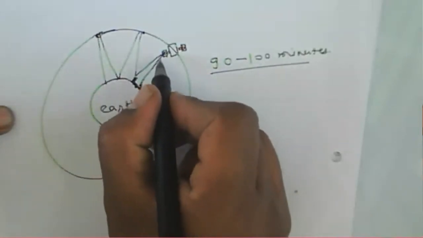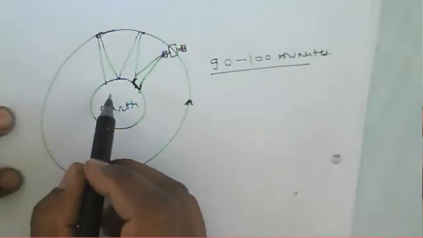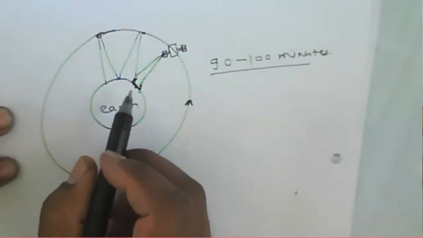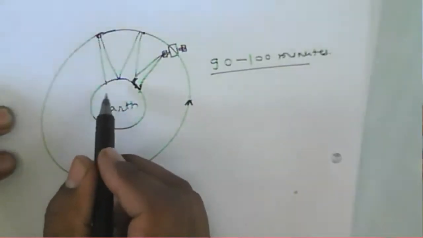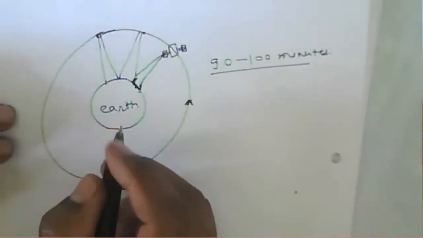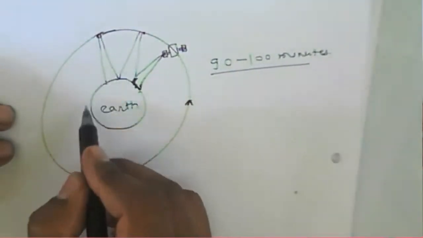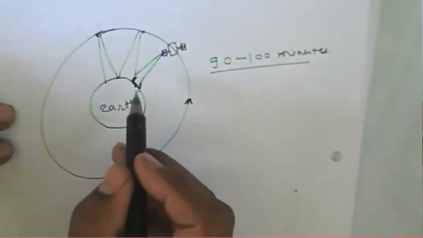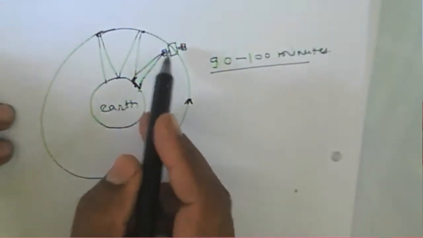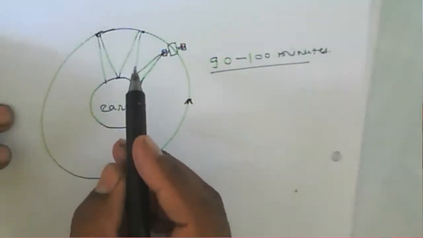Means a satellite scans the complete earth. That is about a scanning of this complete earth by the satellite while it is rotating around its axis.